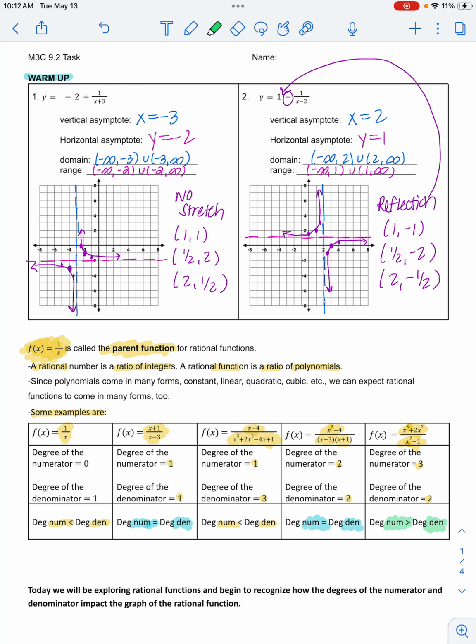And the degree of those numerators and denominators do impact the graph. Okay, and so if we can, we're going to try and put them into the transformation form, but not every time will we be able to do so. And if it's not able to do so, we have to know how those degrees actually affect our graph.